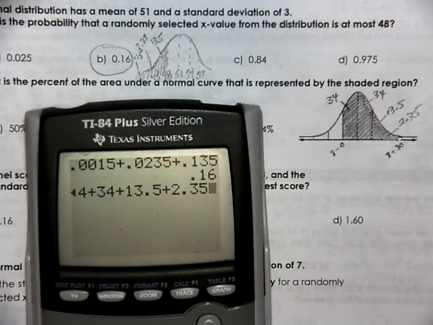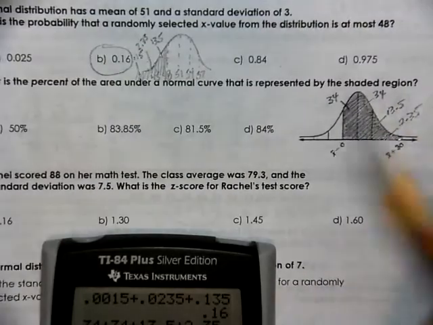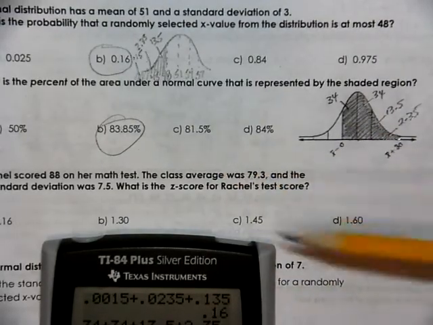Thirty-four, 13.5, and 2.35. We get 83.85. And those are percentage values, so it's percent.